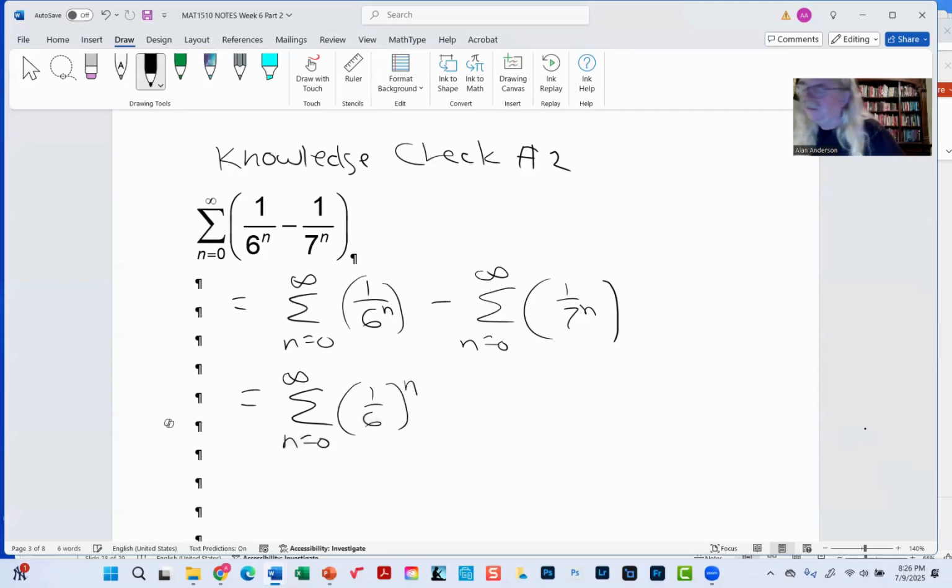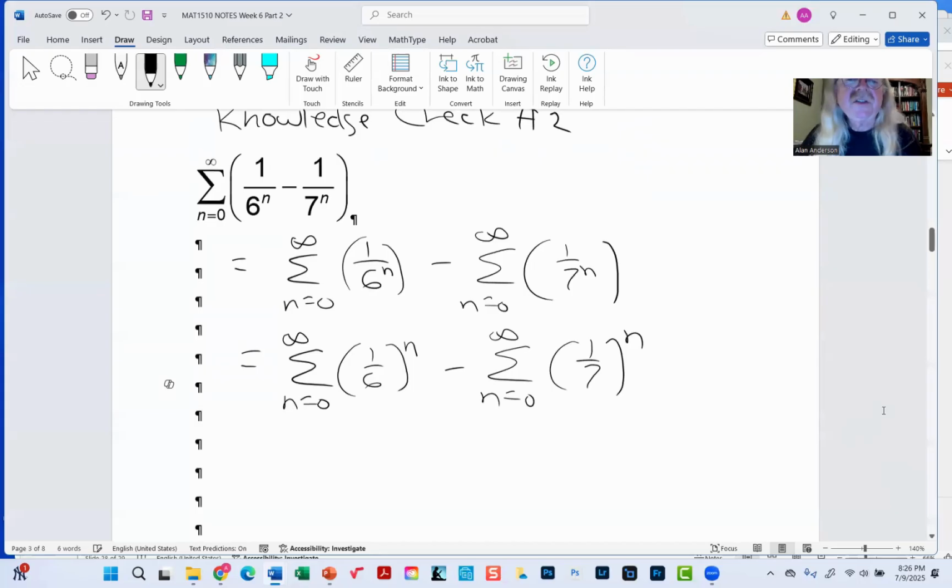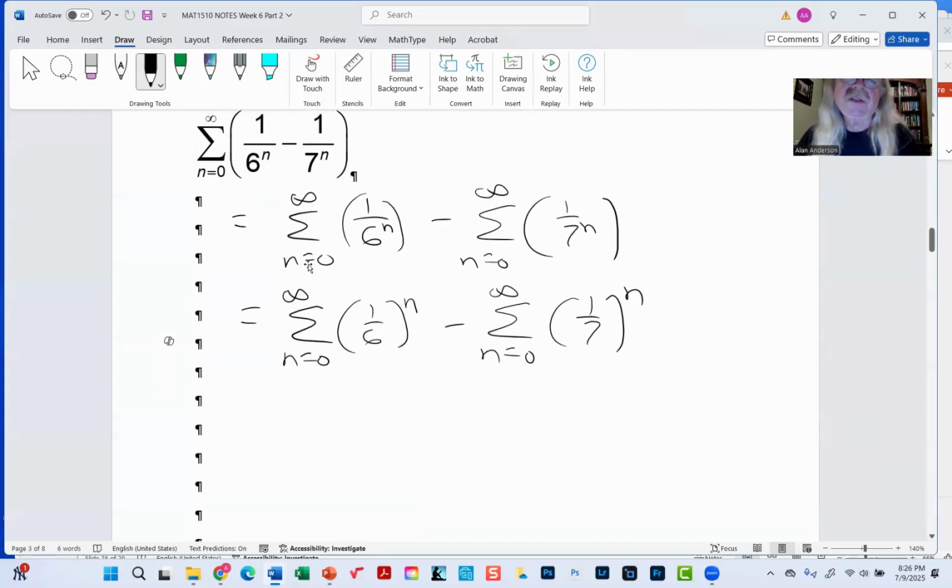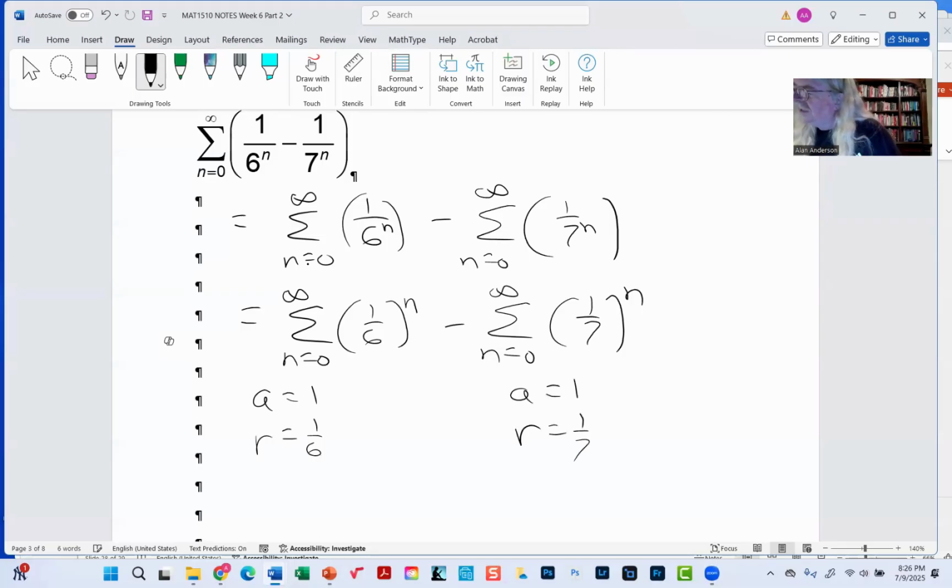Of course, it means the same thing. And now you can imagine each one of these is a geometric series. In this first case, A is 1, R is 1/6. In the second case, A is 1, and R is 1/7. In both cases, R is strictly less than 1.